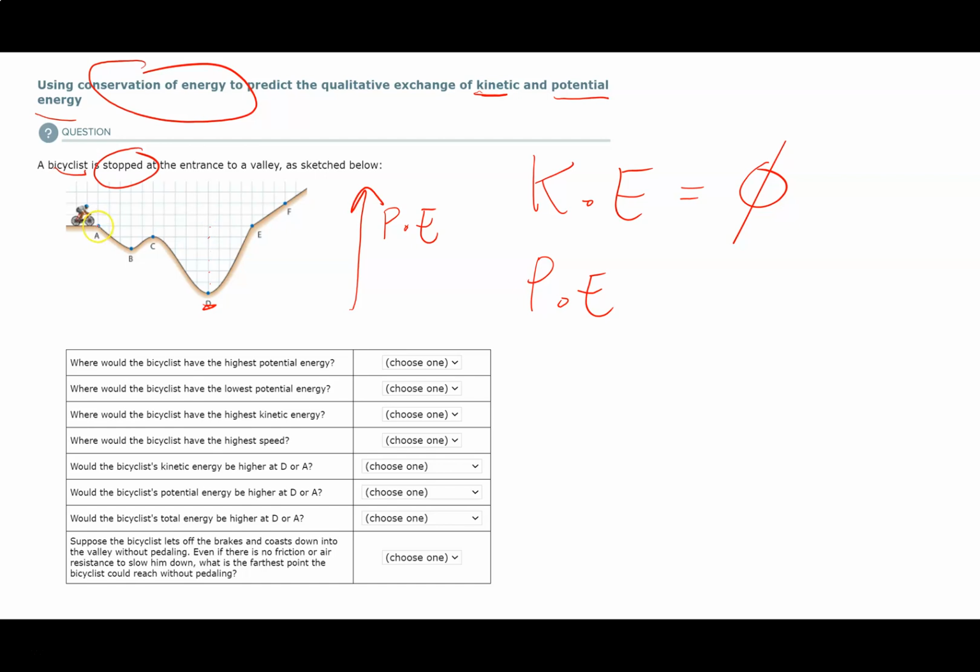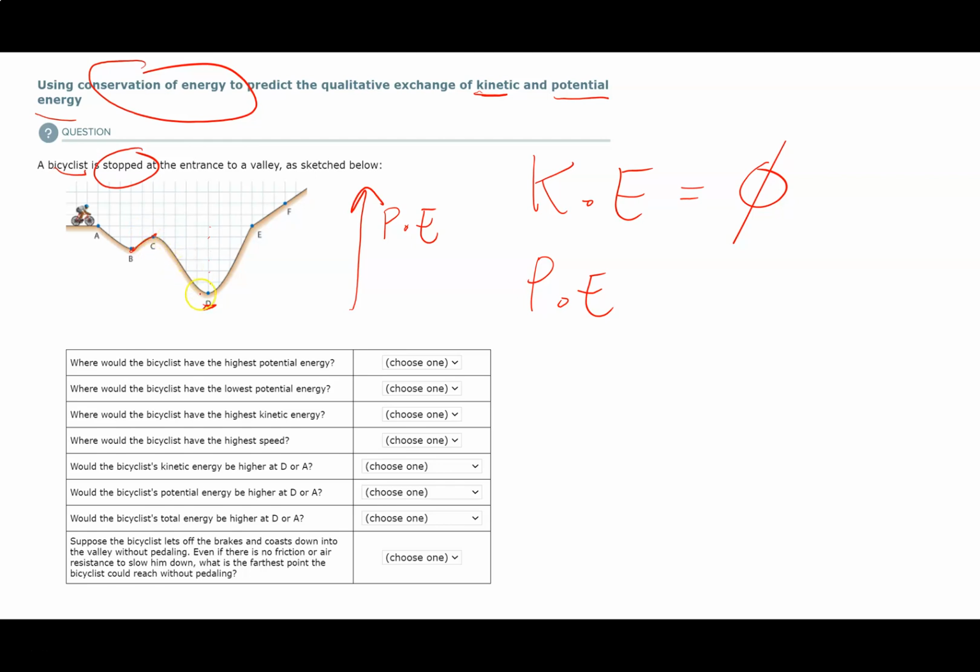And then as they go over this slope, what's going to happen? They're going to start rolling. The potential energy will decrease, but the kinetic energy will increase. And then as they hit this bottom here, they're going to start rising again. So what's going to happen? They're going to slow down. They're going to gain some potential energy, but lose some kinetic energy.